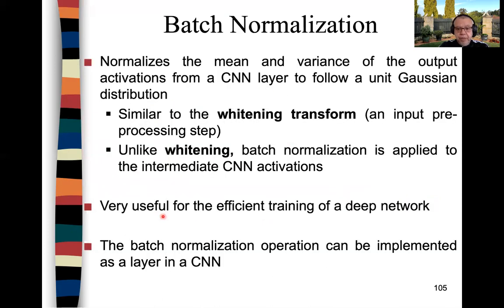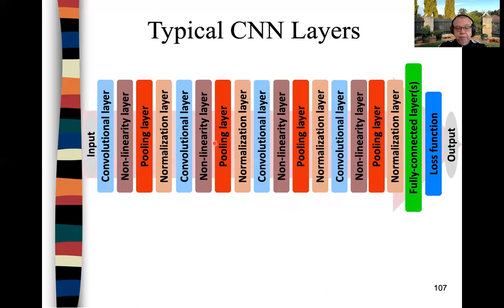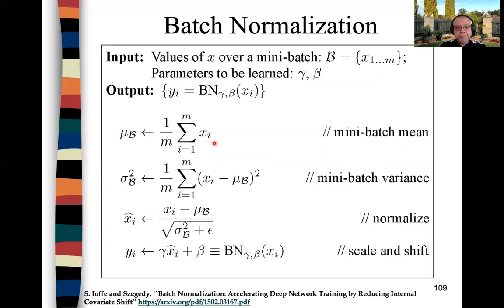And it is very useful for the efficient training of a deep network to avoid overfitting. And the batch normalization operation can be performed as a layer in a CNN. So you can perform it as another layer here. Now this layer is not fully learnable, so you don't learn the parameters of the layer.